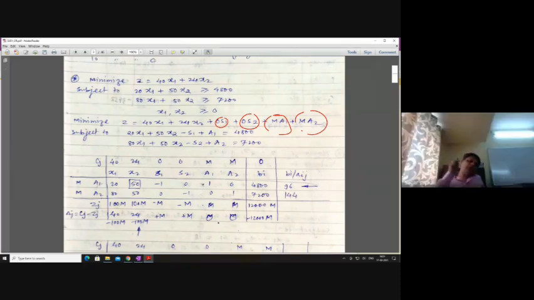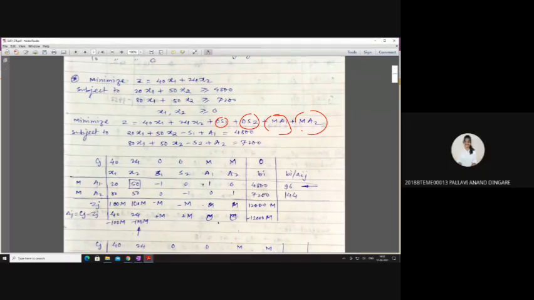Now we have to apply the optimality check. For a minimization problem, if any Cj minus Zj value is negative, it is not the optimal solution. What is the optimality criterion for a maximization problem?